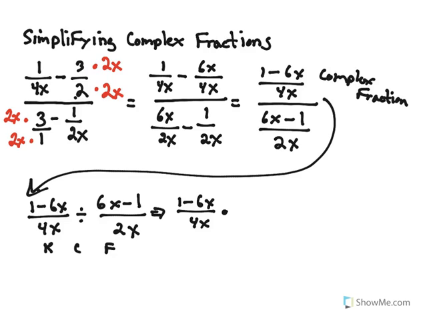We're going to change the division to times, and then we're going to reciprocate or flip the second fraction. So when we do that, now we can go ahead and multiply straight across.